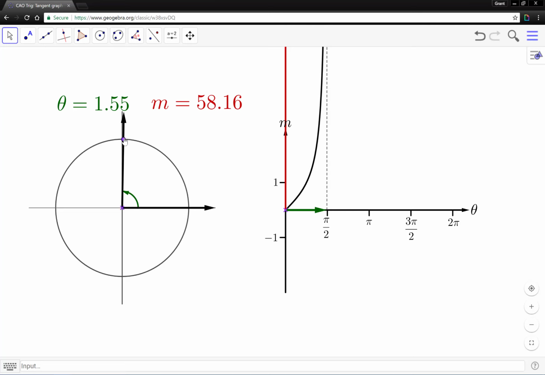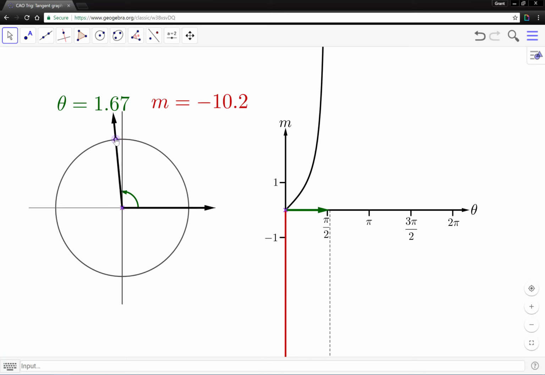Now, once this terminal point hops over the 12 o'clock position, we see the graph automatically jump down to a negative output. That's because the slope of this terminal ray is now negative. And we can make that slope as negative as we want just by making theta as close as possible to pi over 2.